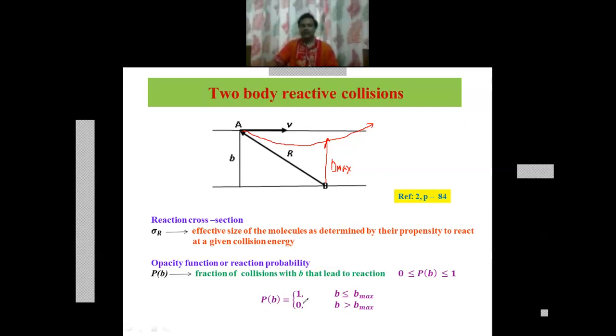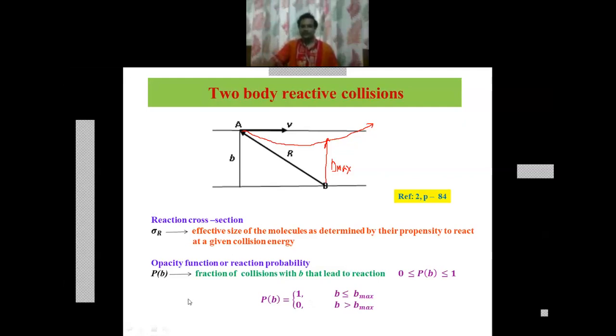So b is somewhere higher than this b max, and there is no reaction. But if b is less than b max, whatever the b max value is, it depends on the reaction. If it is less than that, the reaction is definitely going to take place and the probability we take is 1. So with this, what is going to be the effective reaction cross section?